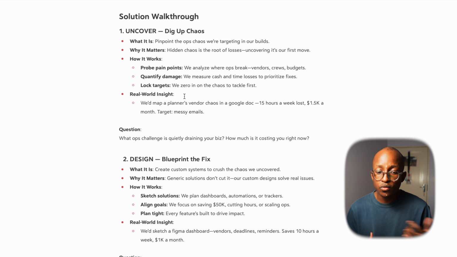So essentially, a real world insight that we would have is we would map a planner's vendor chaos in a Google Doc, for example, and then we see, hey, this is resulting in 15 hours a week lost, and that loss is resulting in 1.5k a month, and the target will be messy emails.